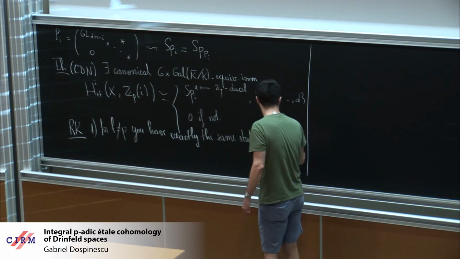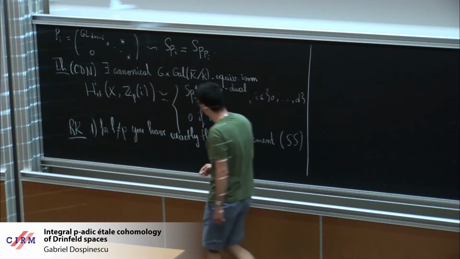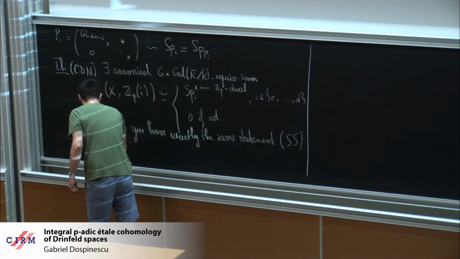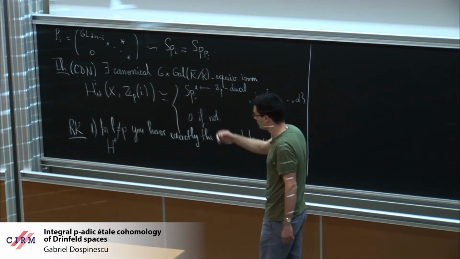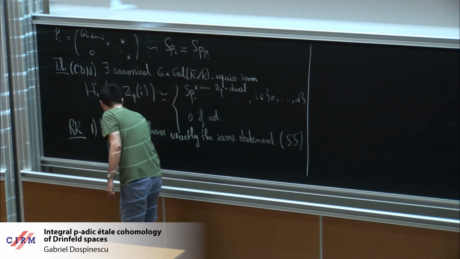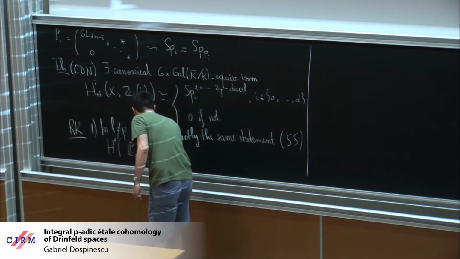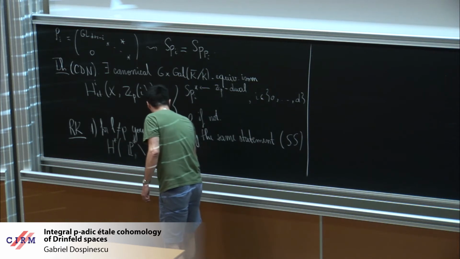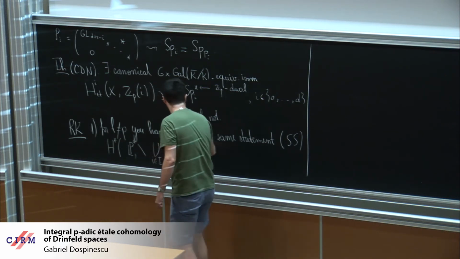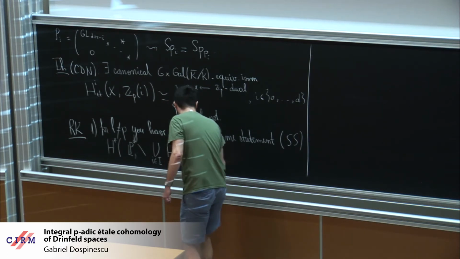So as I said, this is due to Schneider and Stuhler. The way they prove it, they actually study the cohomology of a natural covering of this space X. More precisely, they study the cohomology of things like that. You take projective space, and you take out finitely many epsilon neighborhoods of hyperplanes, with coefficients, well, Z over l^k.